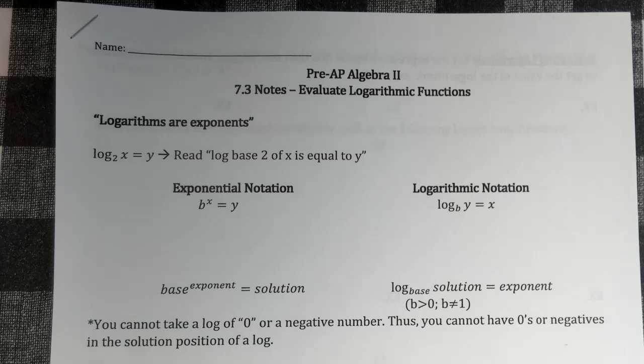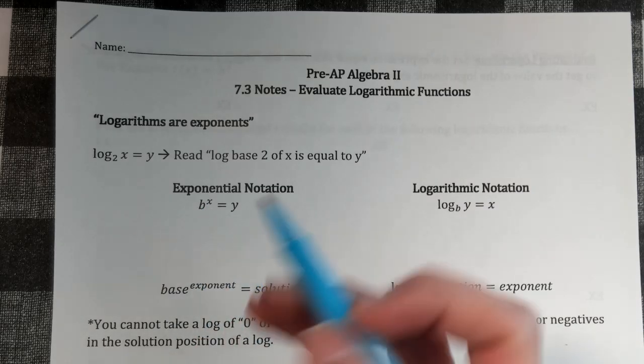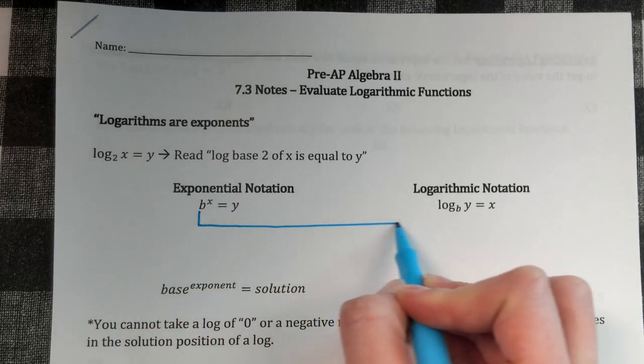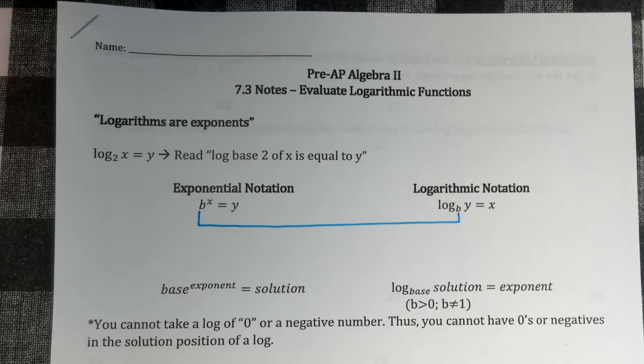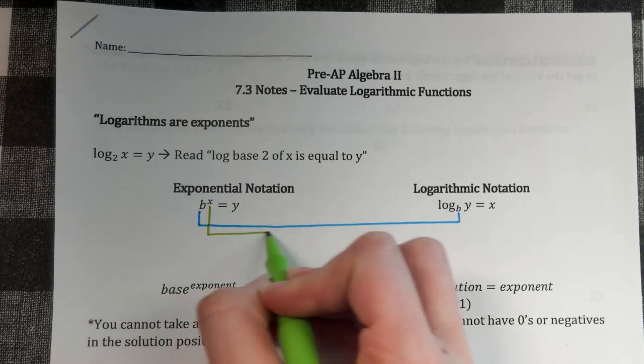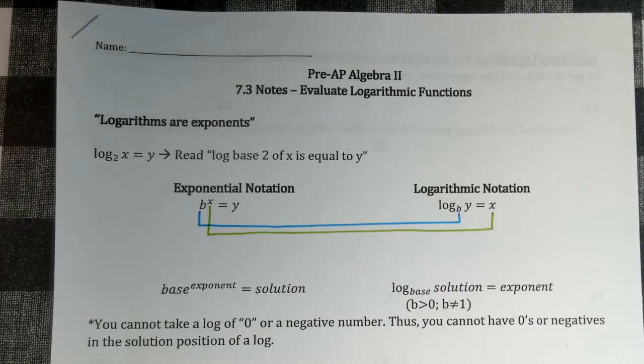If I'm looking at a base raised to any x exponent equal to any number y, the base that is being raised to the exponent in exponential notation is the subscript that I have for my log. And then the exponent that the base is being raised to is what my log is equal to.